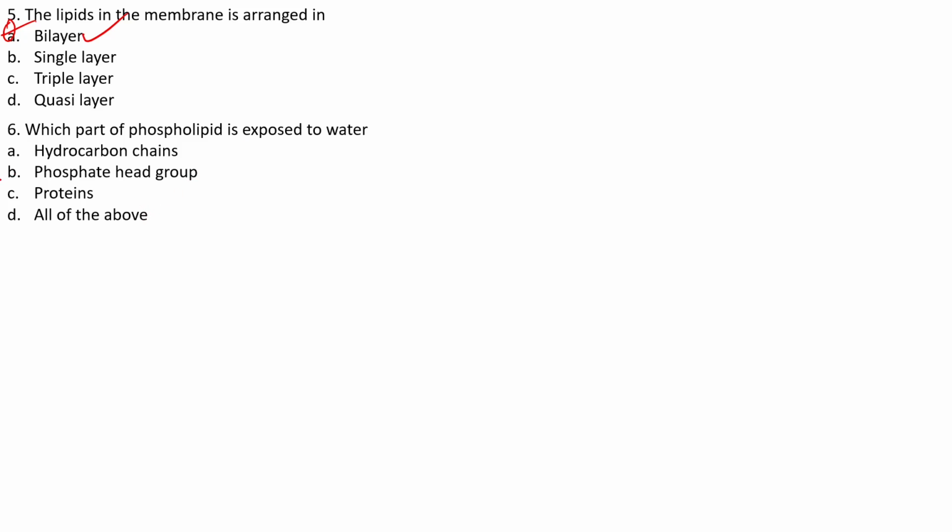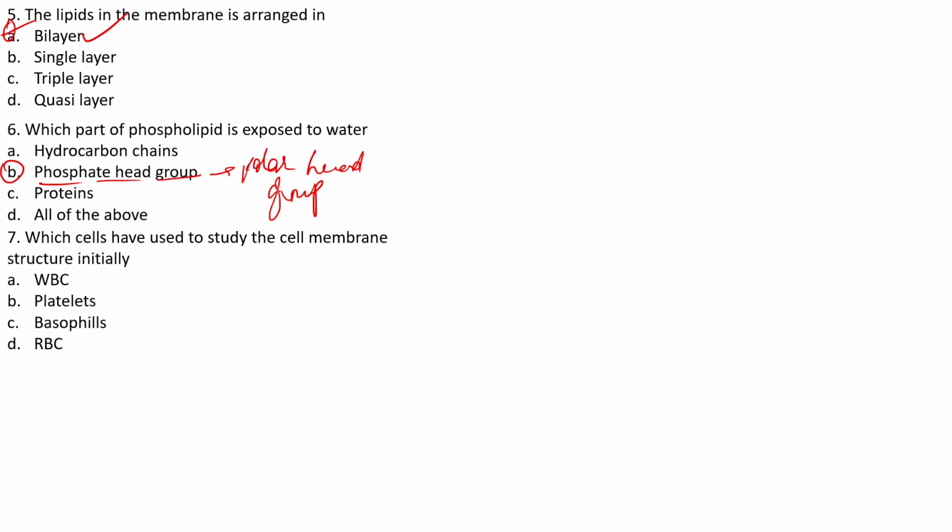We know it is the polar head group, also called the phosphate head group. Remember, don't get confused, they all mean the same. The polar head group of the phospholipid is mainly exposed to water. In other terms, the extracellular matrix and the cytoplasm both contain water.